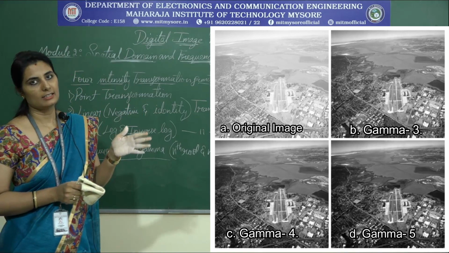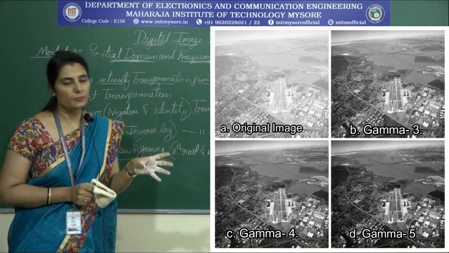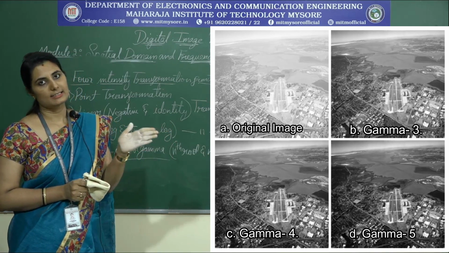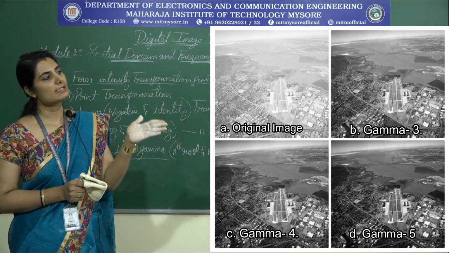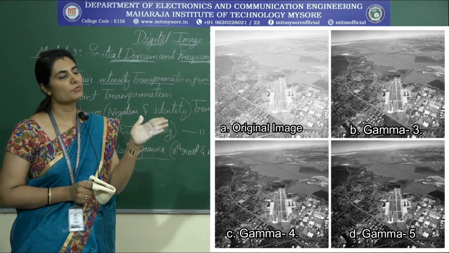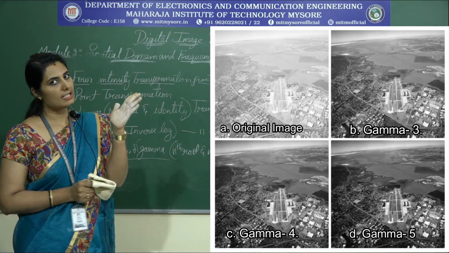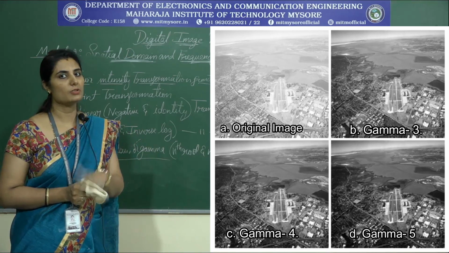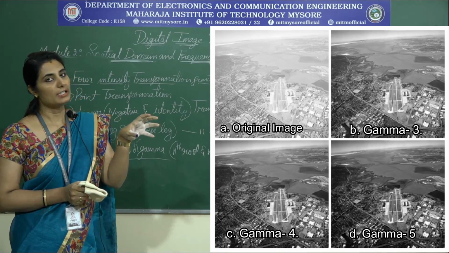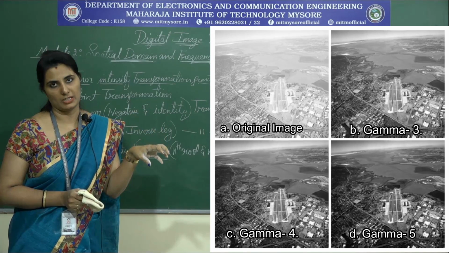Now look at the figure C. After gamma transformation with the gamma value is equal to 4, we get this third image. Next, fourth image. So this is the result of gamma transformation with the gamma value is equal to 5. So now compare the original image and the last image, which is the gamma with the gamma value is equal to 5. So now here you can easily identify the details present in the image.